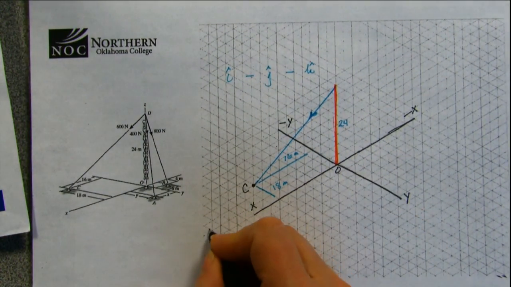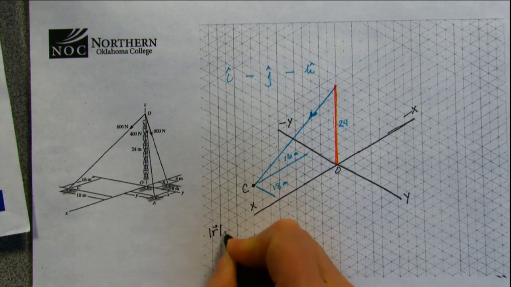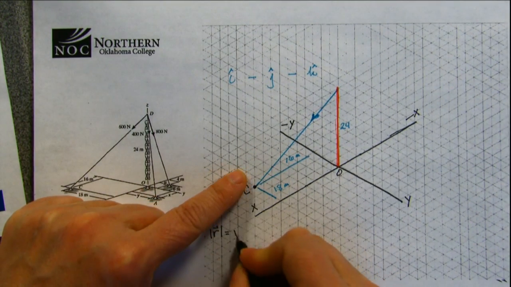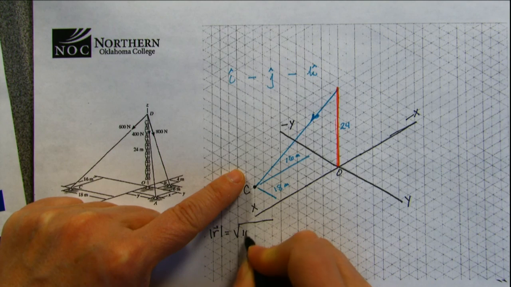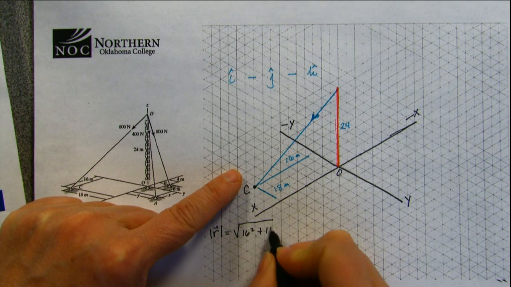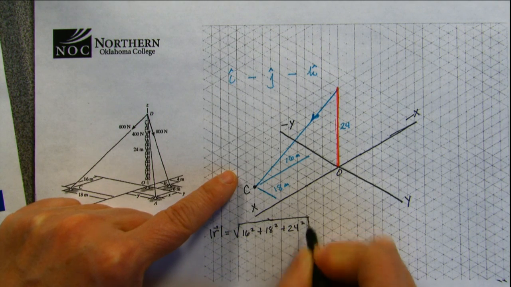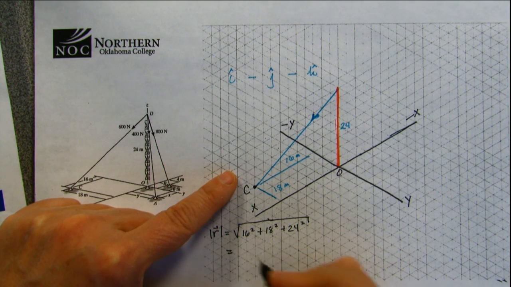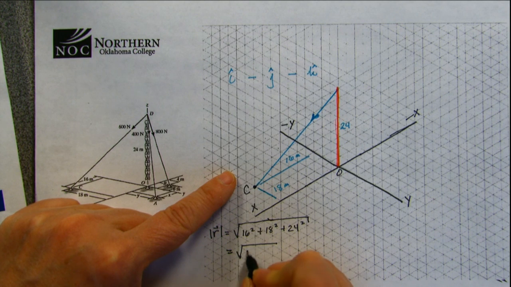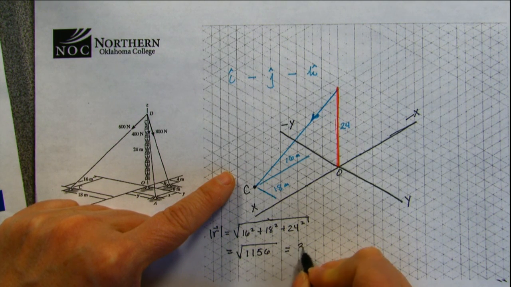So we know the magnitude of the r vector is going to be the square root of 16 squared plus 18 squared plus 24 squared. Plug that into the calculator. That gives me 1156, and that gives me 34.